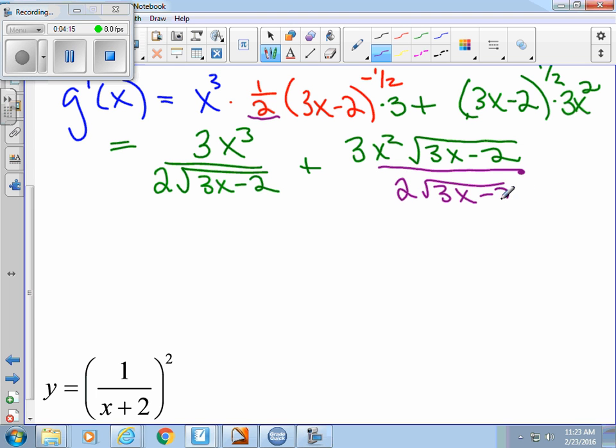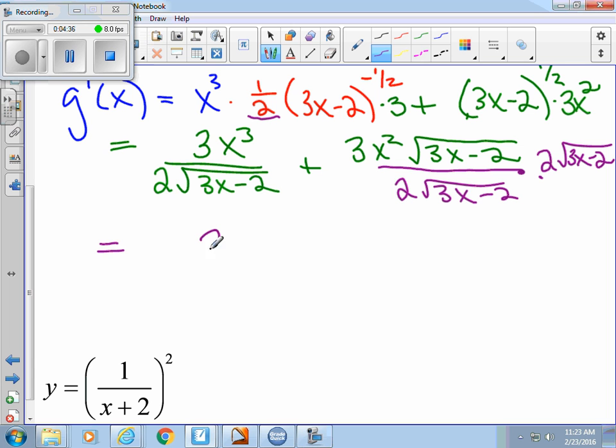I'm going to get a common denominator. Again, no, you don't have to do this on your homework. The only reason you would do this is if all the answers only had one piece. You might have to get a common denominator. Why did I multiply by 2 square root of 3x minus 2? That's the other denominator, right?